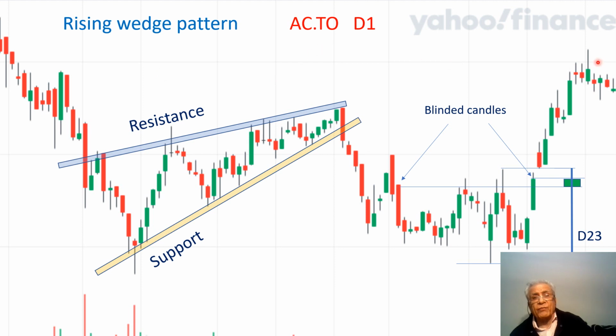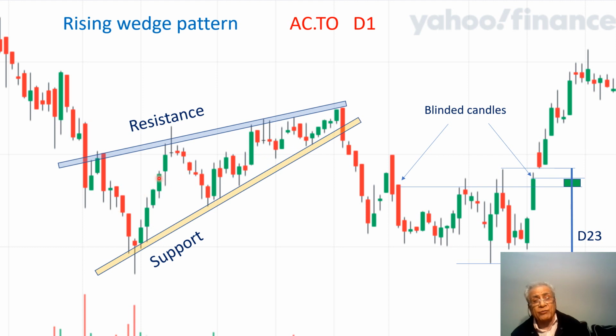This is Yahoo Finance, Air Canada stock, D1 time frame, rising wedge pattern. You see the trend is coming downward and going inside the wedge and has a couple of touches, almost 3 or more than 3. That is valid. And it goes inside in an upward trend fashion.